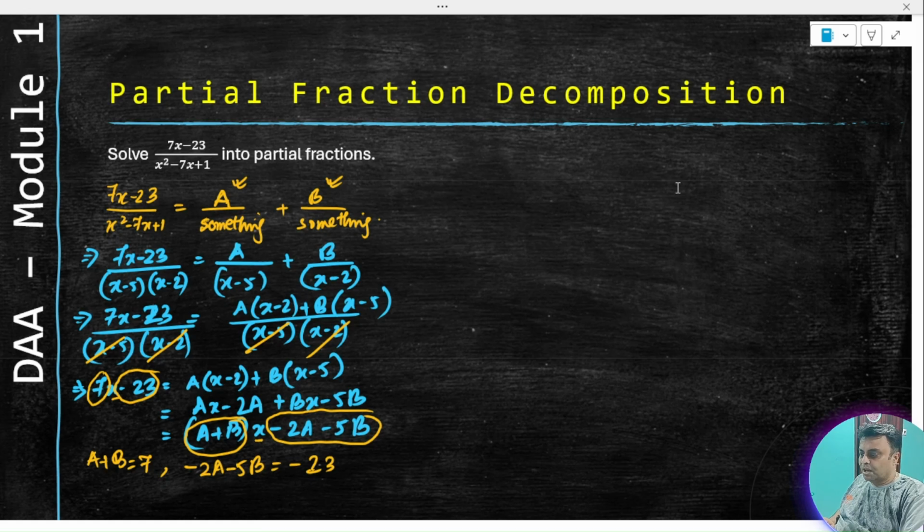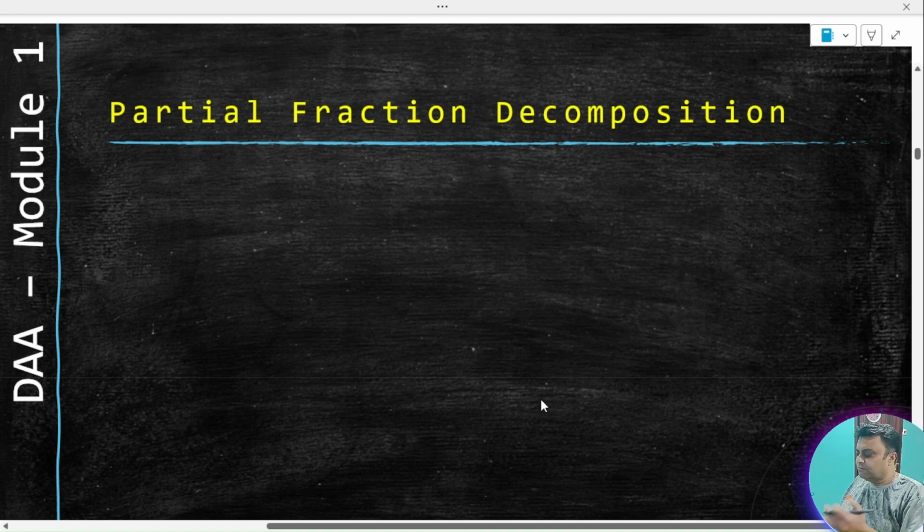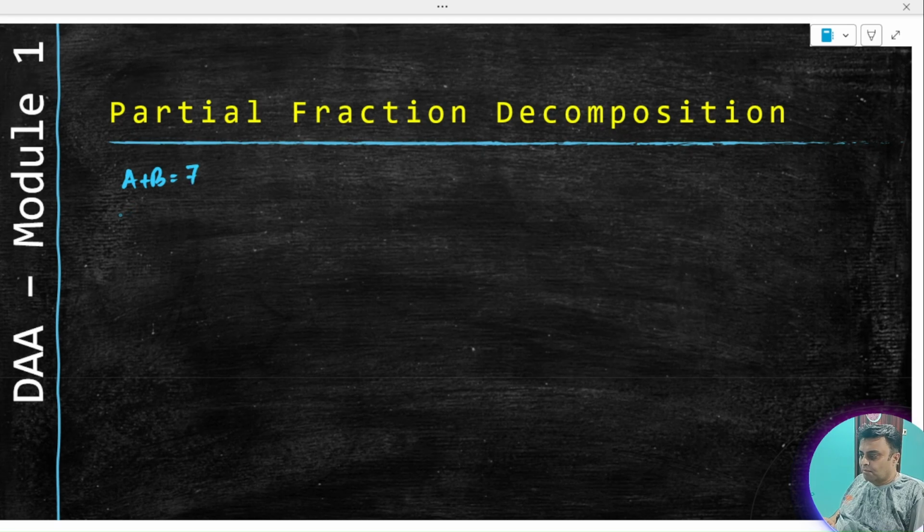So now if I just carry forward what we discovered in the previous slide so that we can solve this completely. So we said that A plus B is equal to 7, and then we said that minus 2A minus 5B is equal to minus 23.